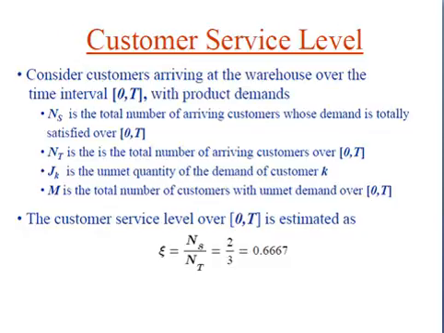Let's talk about customer service level. Consider customers arriving at the warehouse with a demand for products. Let NS be the number of customers whose demand is fully satisfied over the interval.